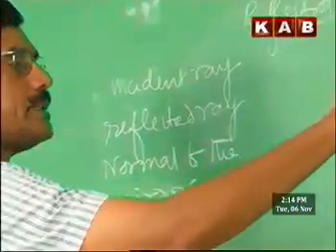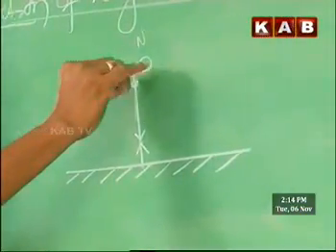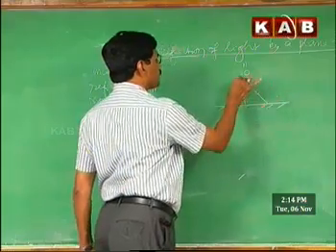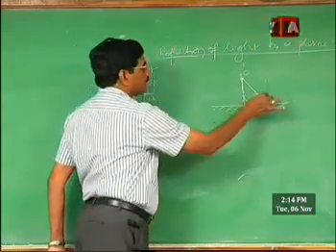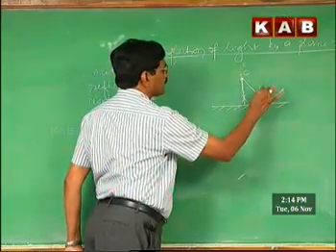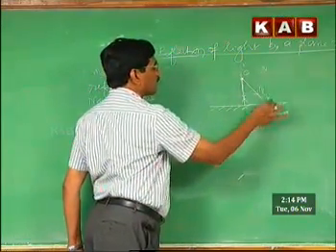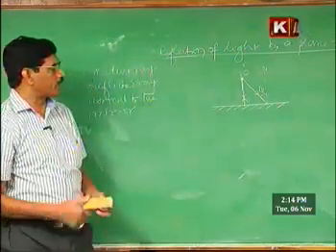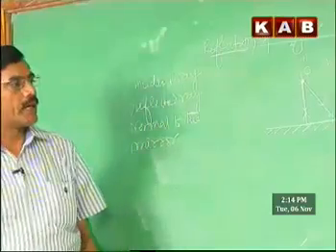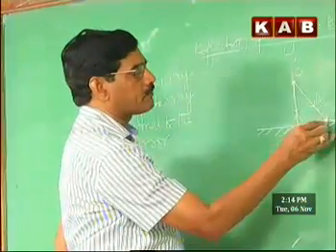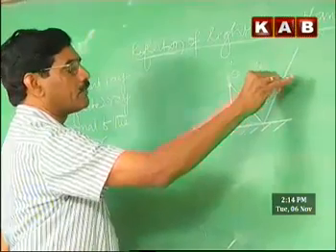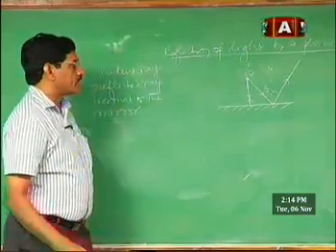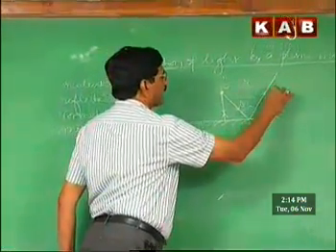Another ray you can consider, then a number of rays you can consider. We are going to consider a few rays. One ray coming from the object is incident on the mirror at this angle of incidence. The normal is drawn at the point where the light ray is incident. After reflection, according to the laws of reflection, the ray reflects at the same angle. This is the reflected ray.